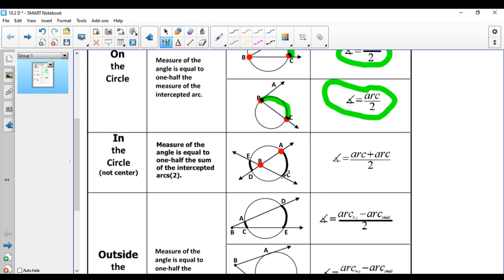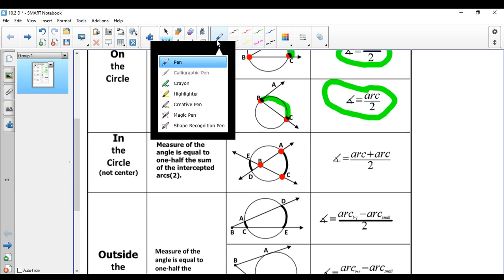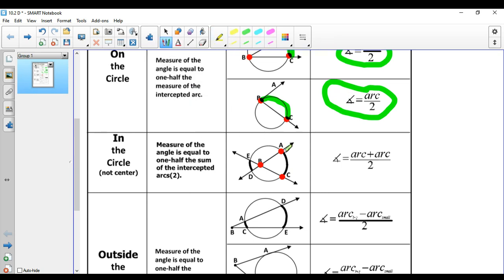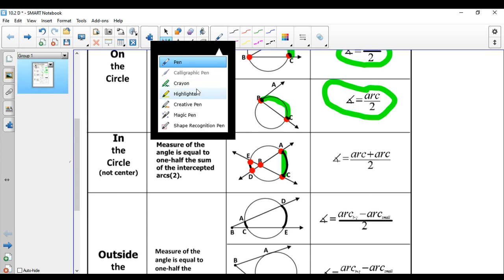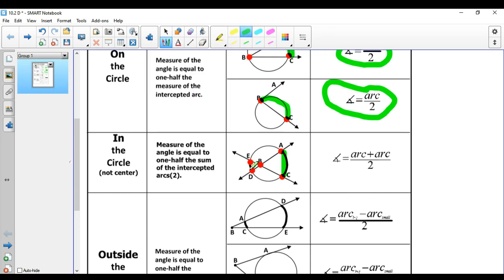It hits here and here to create this arc, but it also hits with its vertical angle here and here and creates a second arc, which is right here. Okay, so when that happens, we have 2 different arcs. We need to average them. So the angle is equal to 1 arc plus the other arc divided by 2.